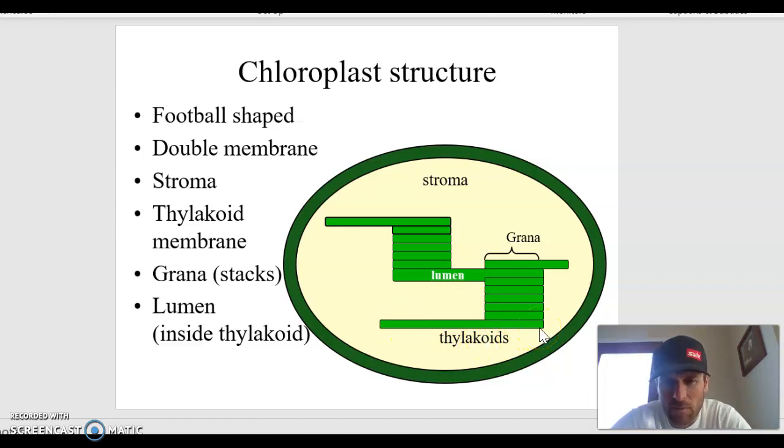And the membrane is really important on the thylakoids because that's where the light reactions actually happen. The stroma is sort of like the cytoplasm. It's this space here. And if we have a bunch of thylakoids stacked together, we call that a grana. So grana is your stack of pancakes, and the thylakoid is this double membrane where the light reactions take place.